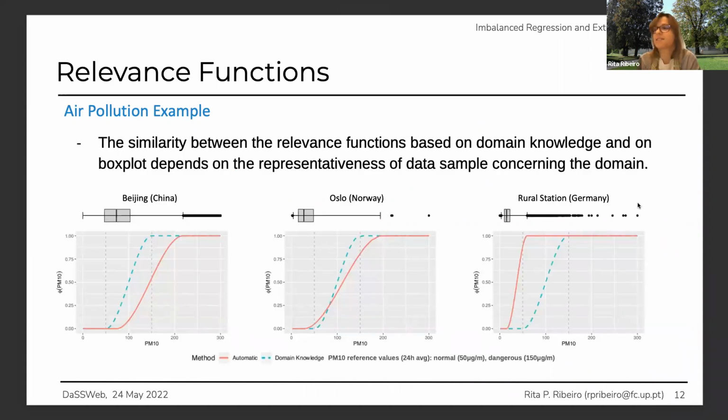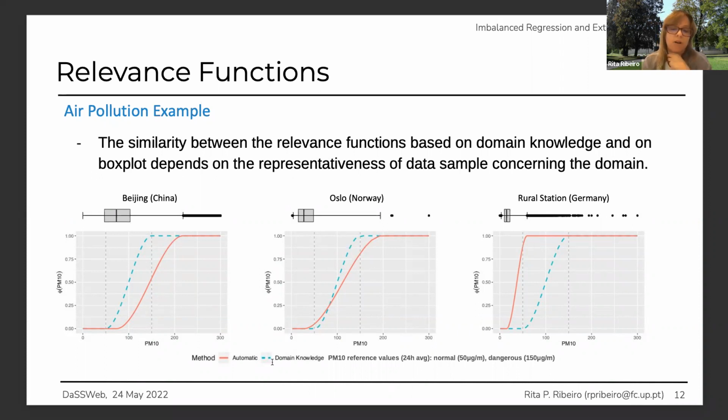I have made this just to give you a notion that this automatic method depends on the representativeness of our data sample. So if we take the same kind of, this is another pollutant, PM10, but it is well known that this pollutant has a different distribution with respect to different locations on the planet. Here I have made an example of the same pollutant taken from Beijing, Oslo, and some rural station in Germany.